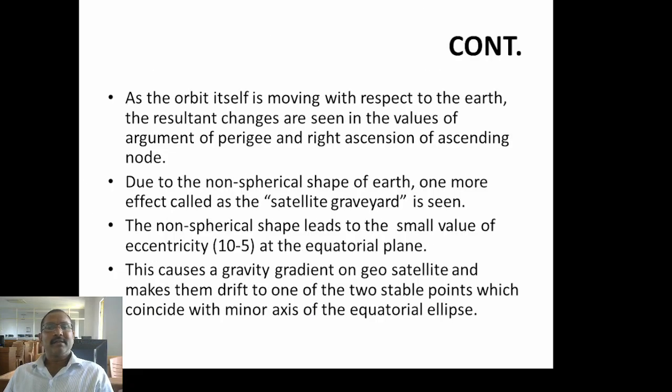As the orbit itself is moving with respect to the Earth, the resultant changes are seen in the value of the argument of perigee and the right ascension of ascending nodes. Due to the non-spherical shape of Earth, one more effect called the satellite graveyard is seen.